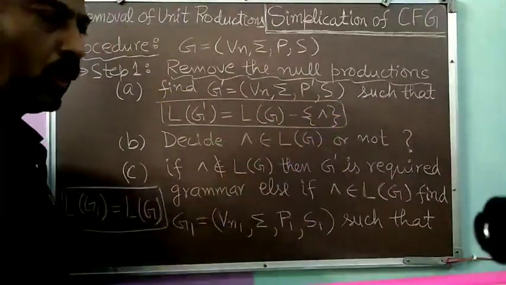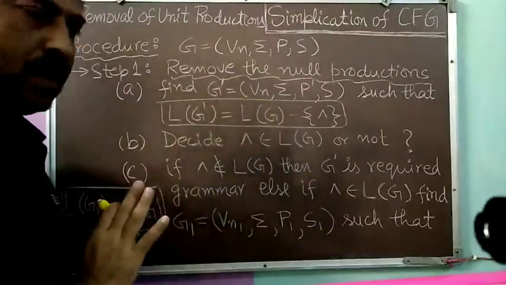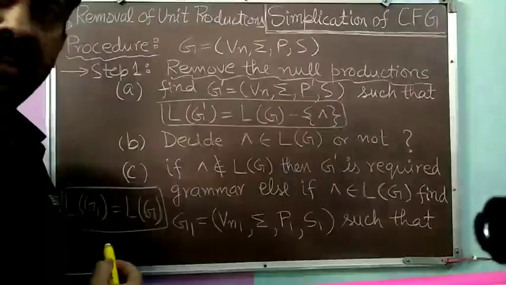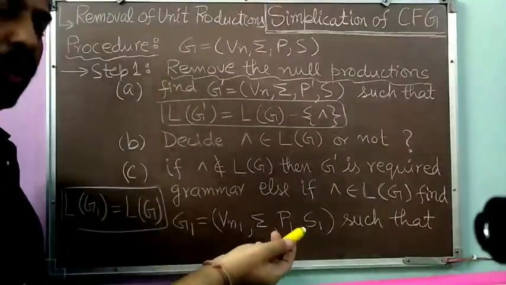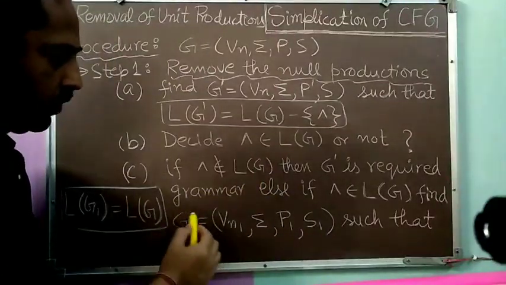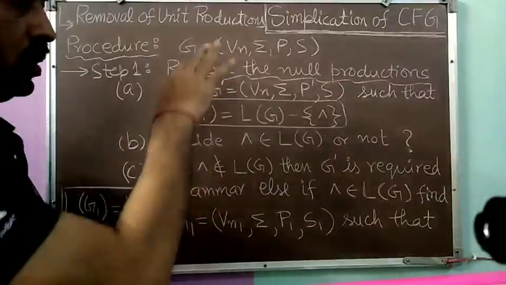If null does not belong to L of G, then L of G dash is equal to L of G. But if null belongs to L of G, then L of G dash is L of G minus null, so we have to include null into it. After including null, we find the grammar G1 such that L of G1 is equal to L of G. So this is step 1.